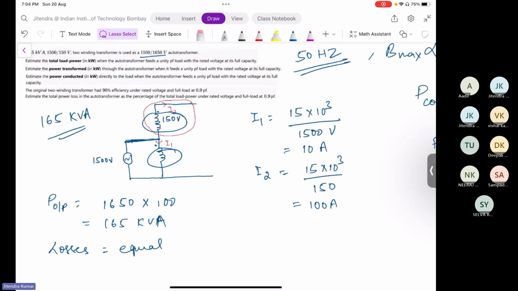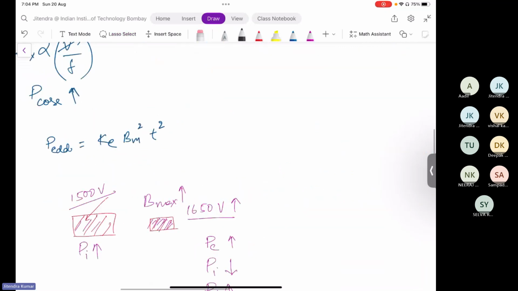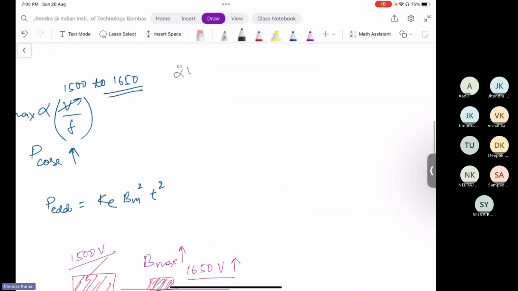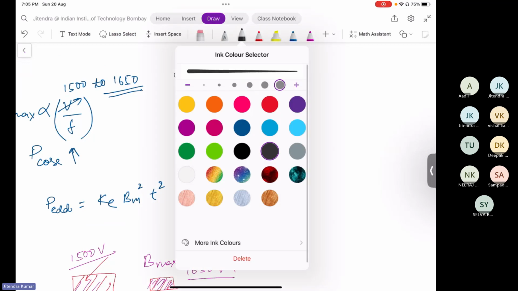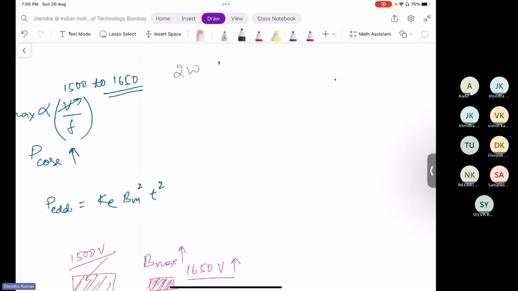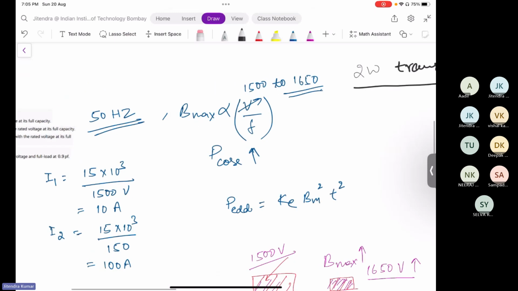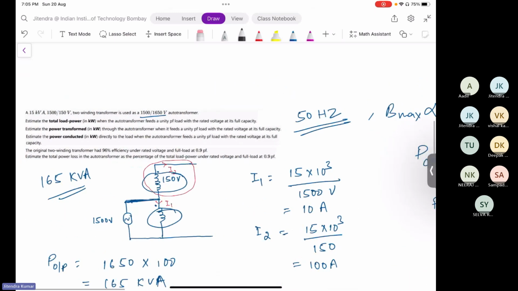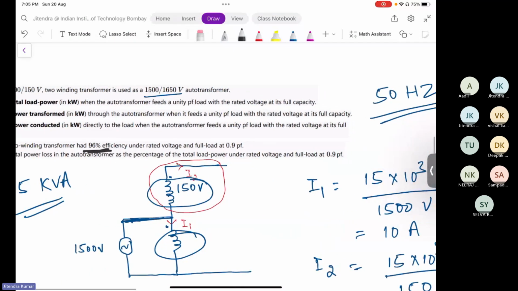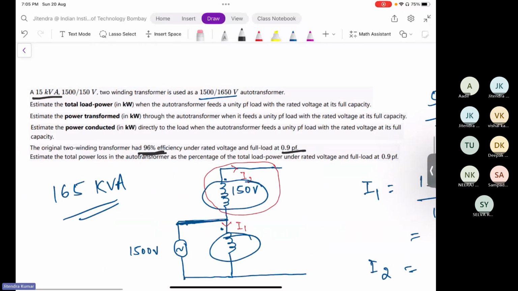For a two winding transformer, efficiency is provided, right? 96% efficiency is provided here for the two winding transformer at 0.9 power factor. So kVA is 15 kVA. So power would be 15 into 0.9. That will be the rated power.